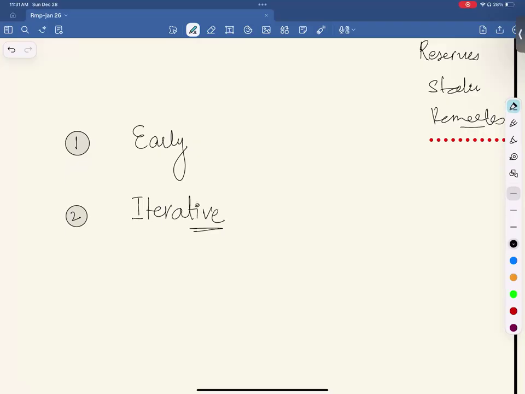What is meant by iterative? Who would like to answer? What is meant by iterative risk management? Incremental. Incrementally. What is meant by incremental? Step by step increasing. Okay. Anybody else? What is meant by iterative?